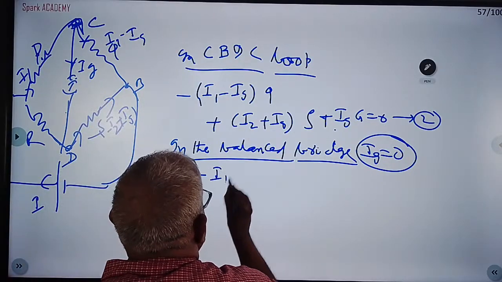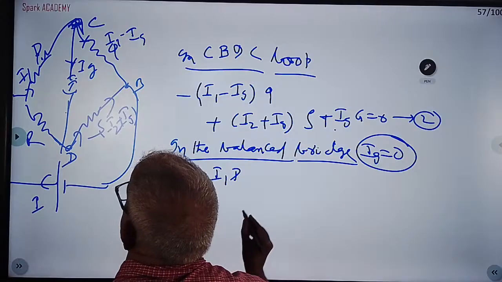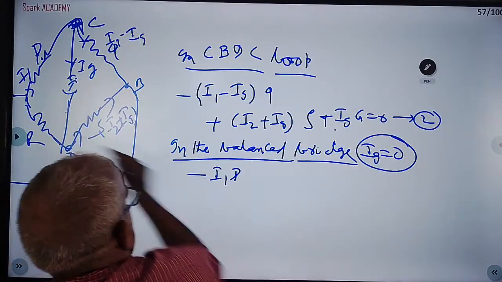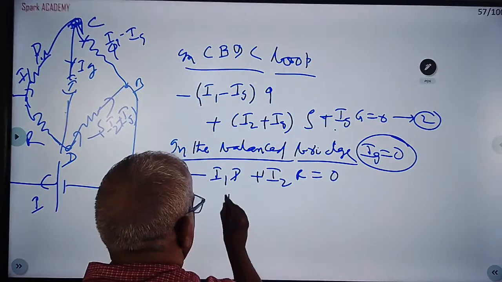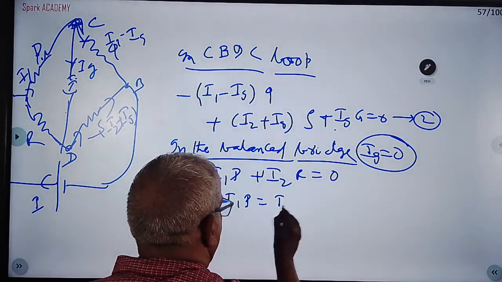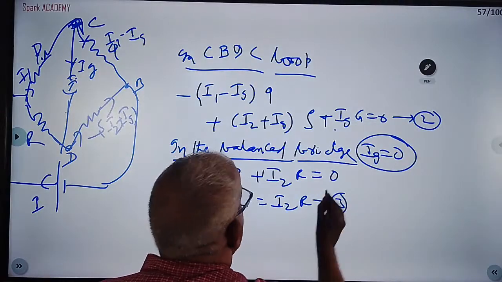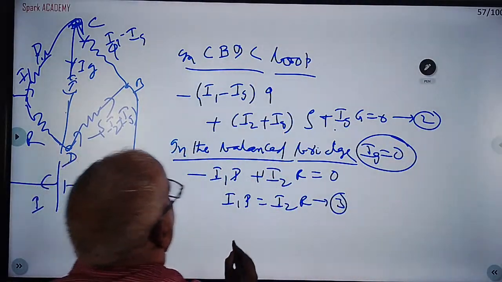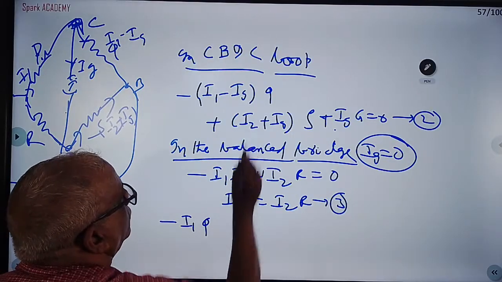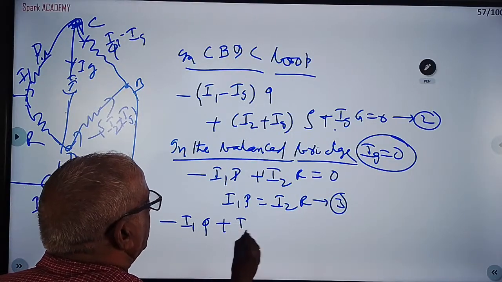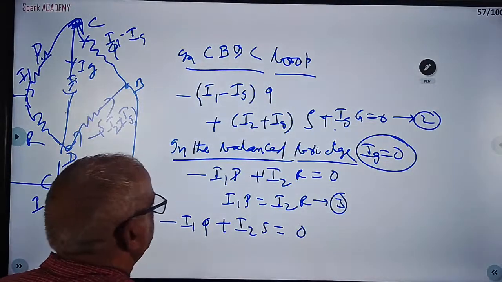The first equation: minus I1P, with Ig equal to 0, plus I2R is equal to 0. This says that I1P is equal to I2R. This is the third equation. From the second equation, with Ig 0, you get minus I1Q plus I2S is equal to 0.